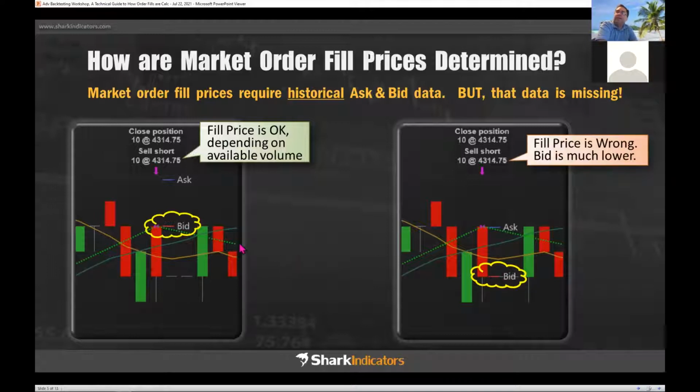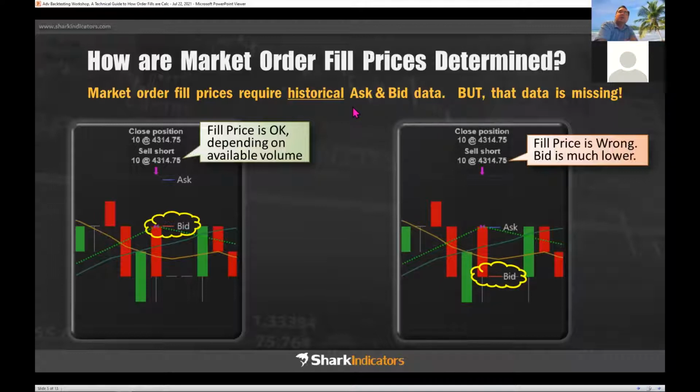So this illustrates one of the missing elements and assumptions being made when you're backtesting a market order fill. You just don't know where that bid and ask data is, and I don't know of any charting platforms out there that actually store the historical bid and ask data for backtesting.